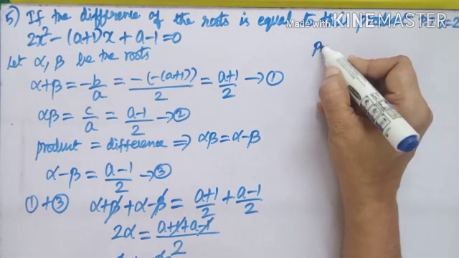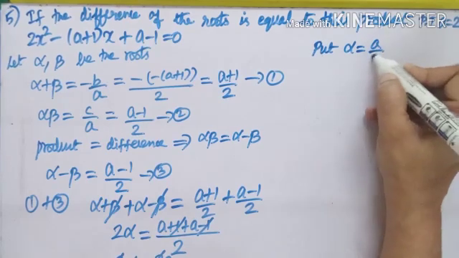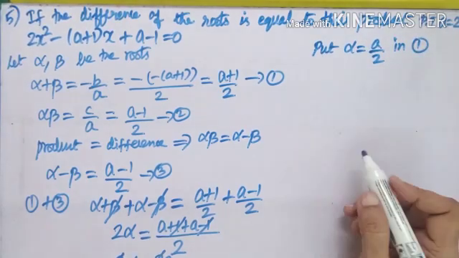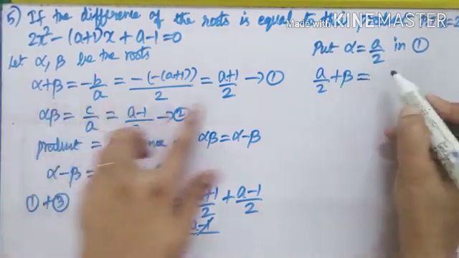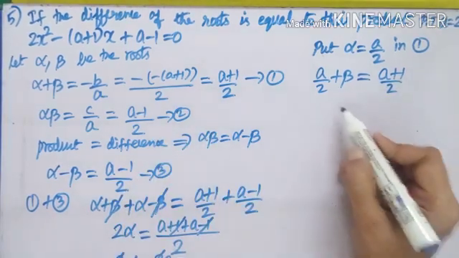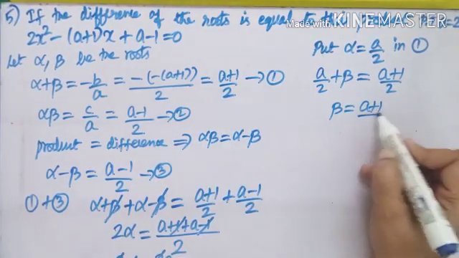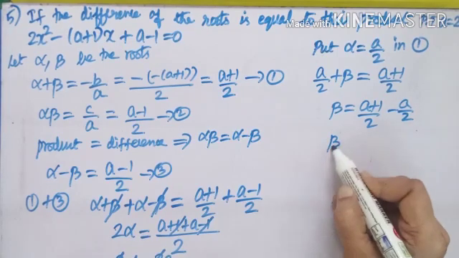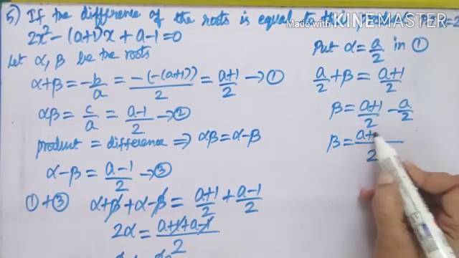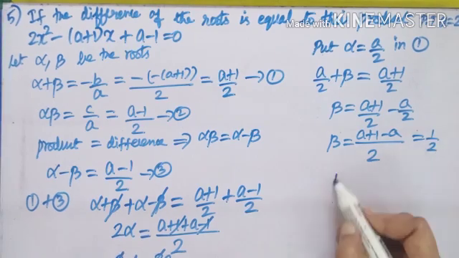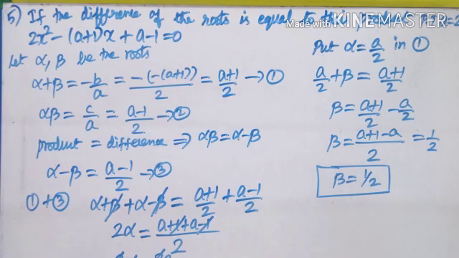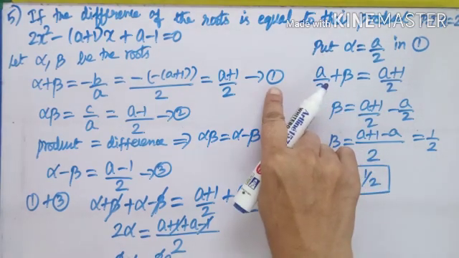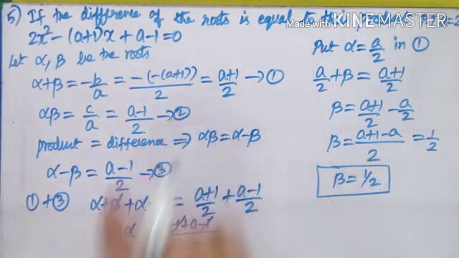So substitute alpha equals a by 2 in first equation. A by 2 plus beta equals a plus 1 by 2. Beta equals a plus 1 by 2 minus a by 2. 2 is the LCM. A plus 1 minus a, that is 1 by 2. So I have attained beta equals 1 by 2. Having known alpha and beta, from equation number 1, let us put it in equation number 2.